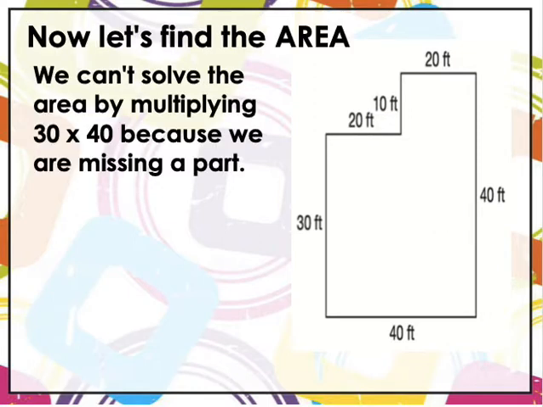Now, to find the area of this shape, I can't just multiply 30 times 40 or 40 times 40 like I normally would, because there's this whole section up here that's missing, and if I multiply one side times another, it would be like I was finding the area of a regular rectangle, but I'm not.